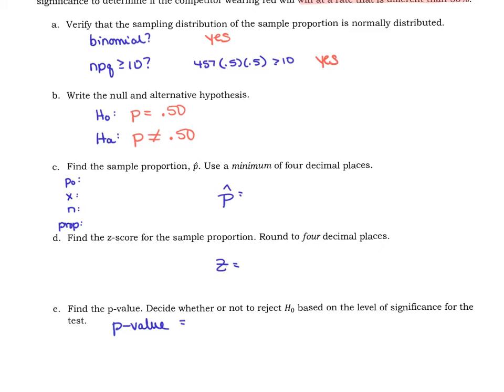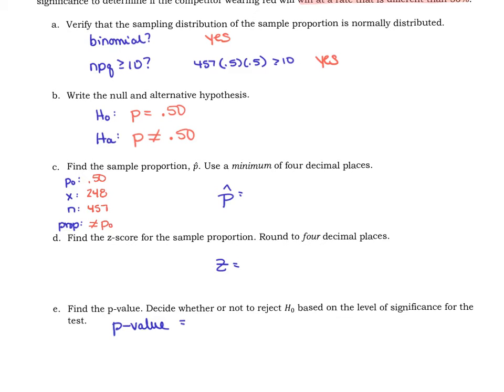So using your calculator, you should put in the null hypothesis value of 0.50. Our X is the 248 people who were wearing red and won out of the 457 total matches that were studied. And we are doing the not equal to test. This is a two-sided test.